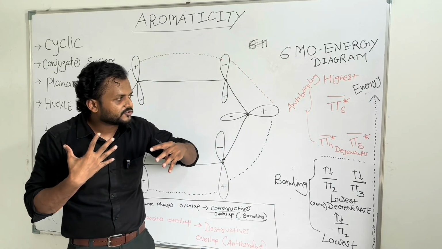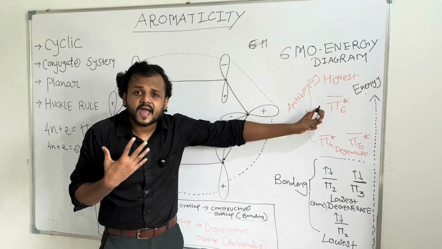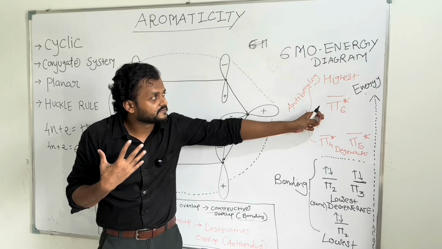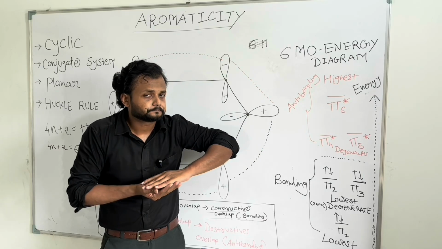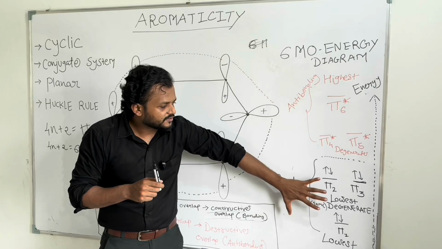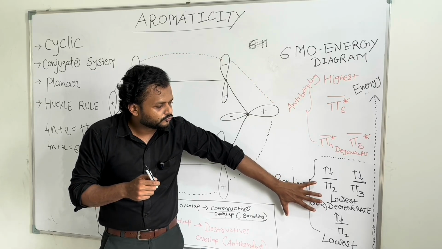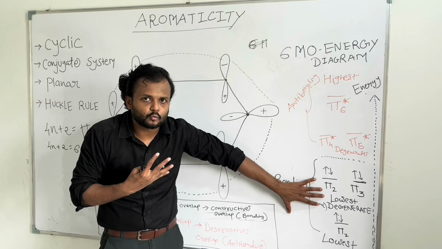Not any electrons are filled in the antibonding orbitals, the highest energy orbitals. That means what? In the structure of benzene, all the electrons are going to the constructive, stabilizing overlap.